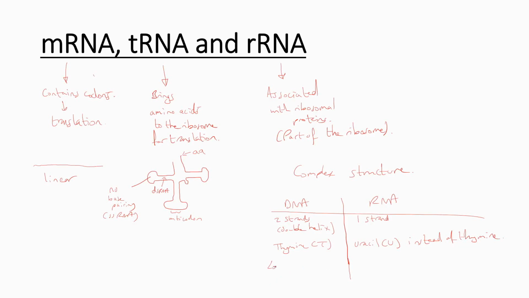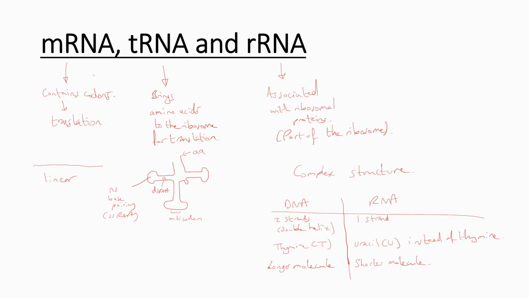DNA is a longer molecule, and the reason is because it contains many genes, for example, chromosomal DNA. RNA is generally a shorter molecule, and the reason is because RNA is encoded by a single gene.